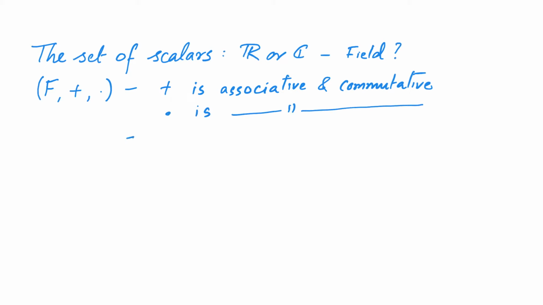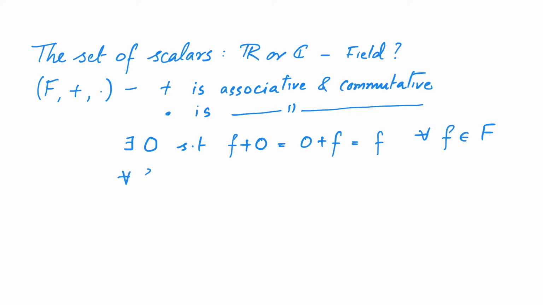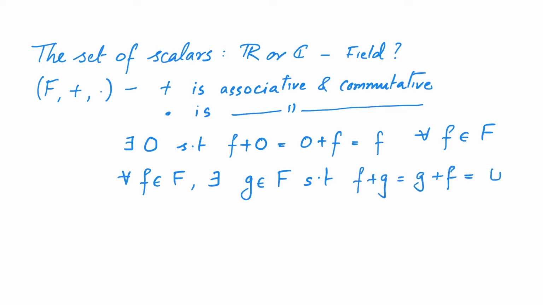Then there exists an element 0 such that f plus 0 is equal to 0 plus f is equal to f for all elements f in capital F. Then for every element f in capital F, there exists an element g in capital F such that f plus g is equal to g plus f is equal to 0.